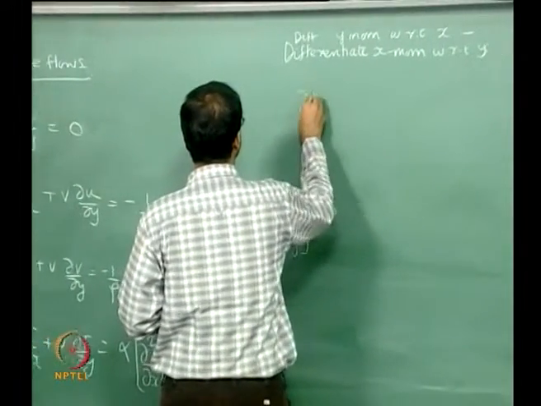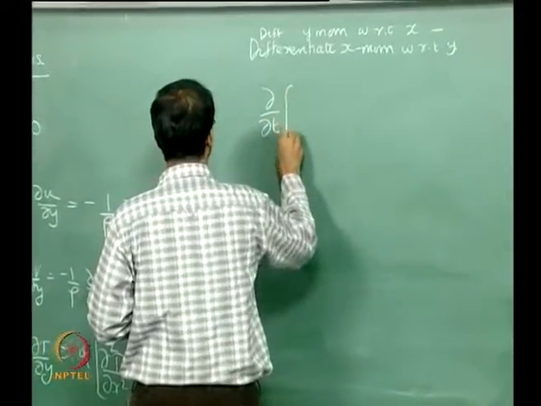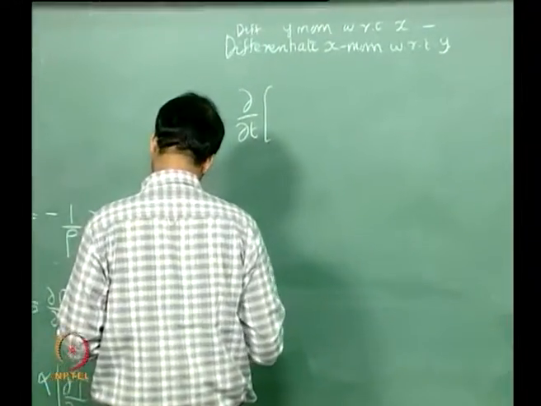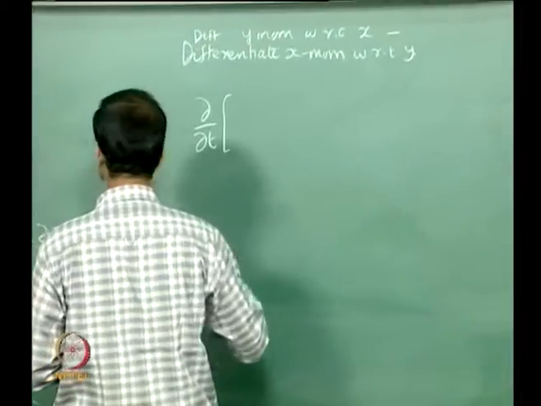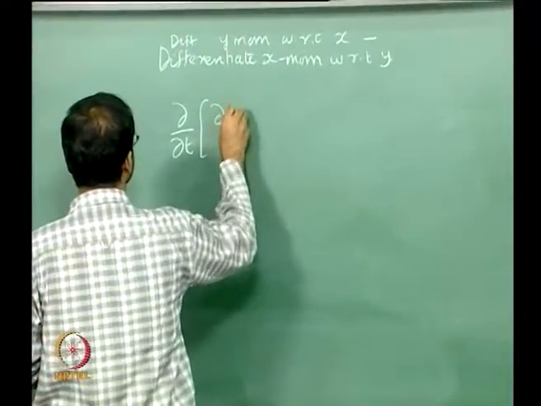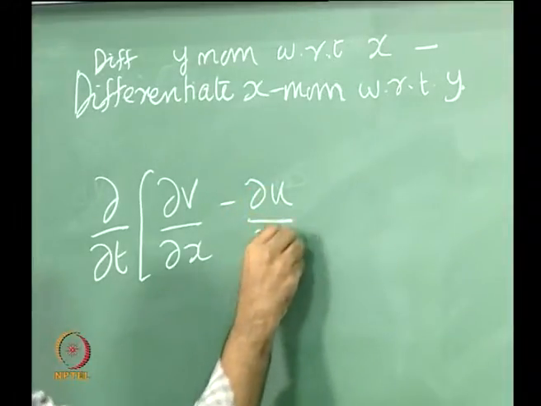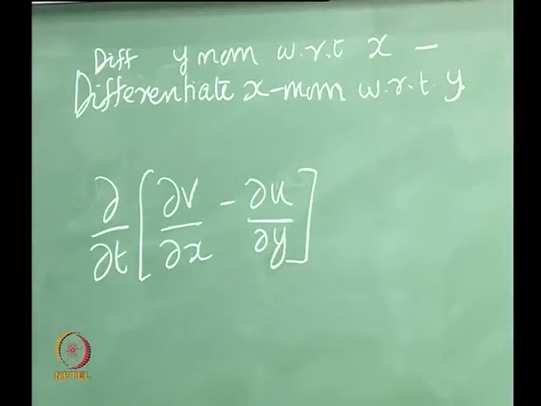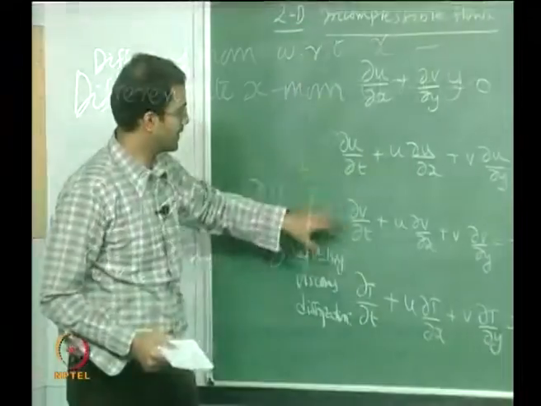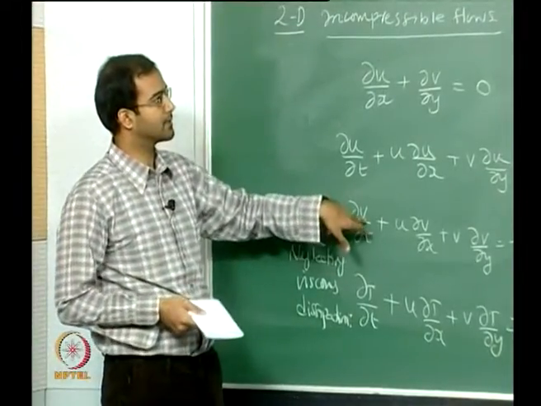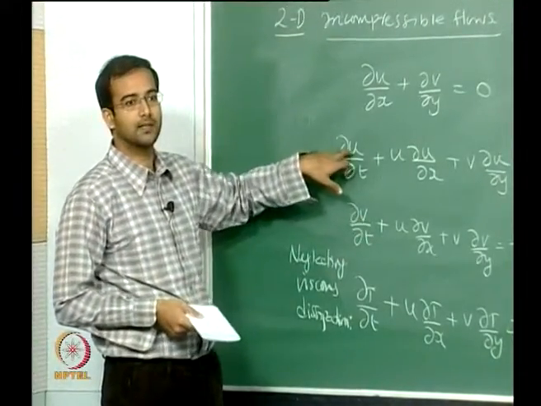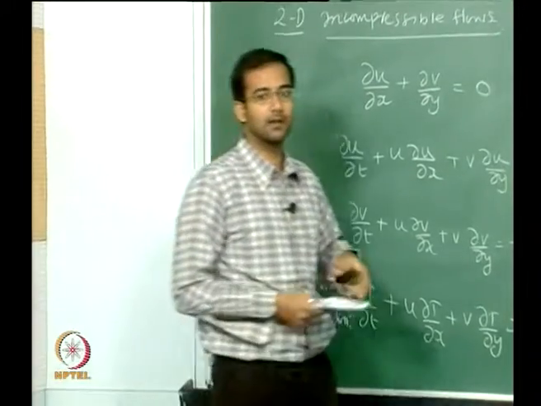You can say d by dt of dv by dx minus du by dy, is that right? So I am taking d by dt common, differentiating with respect to x, minus differentiating this with respect to y, alright.